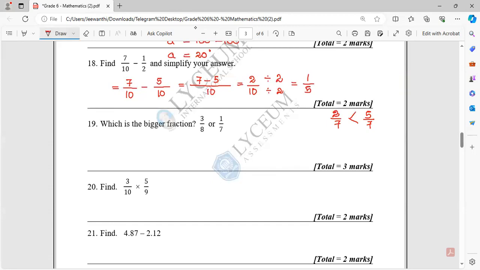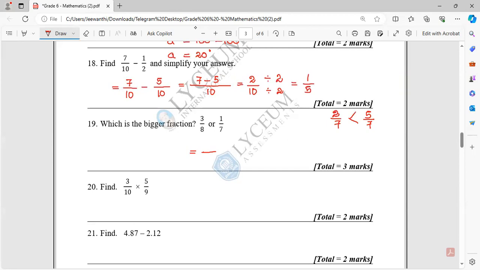Who has taken more? The second child has taken more, because out of the 7 pieces, the second child has taken 5. So looking at the numerators, we can say which is bigger if the denominators are the same. But the problem here, in question number 19, is you have two fractions with different denominators. So what should I do?